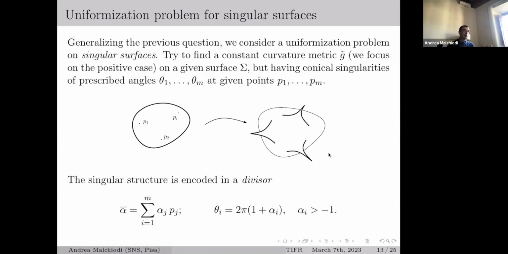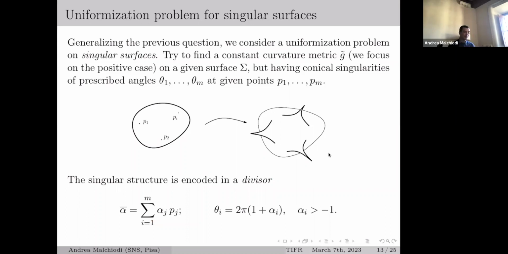The singular structure is usually encoded in a divisor, as the algebraic geometers call it. This divisor is a formal sum of singular points with weights alpha j. The standard notation is that this weight alpha j measures the discrepancy from the round angle, so the difference of the conical angle from 2 pi.